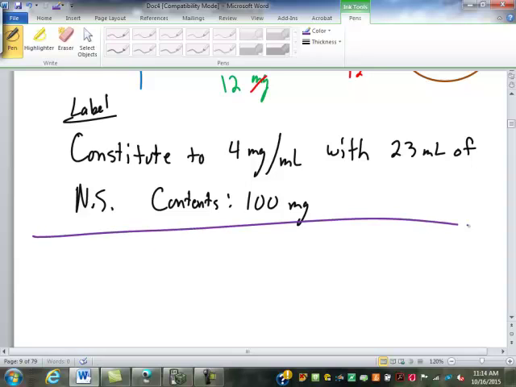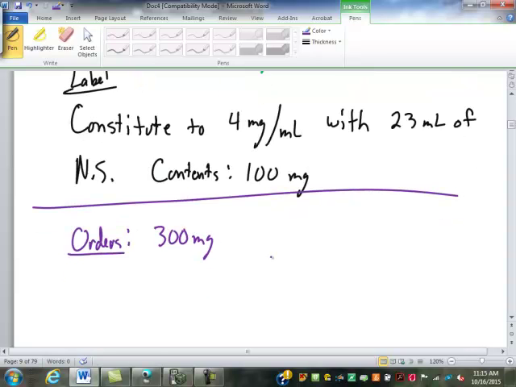So, doctor orders 300 milligrams. In your notes, try to find what you are going to administer to the patient here.